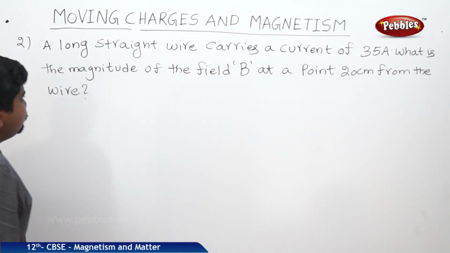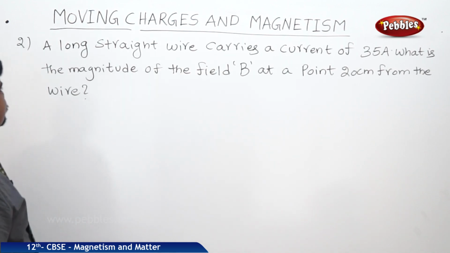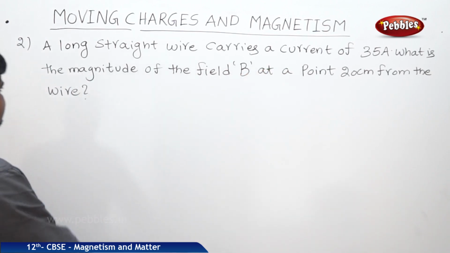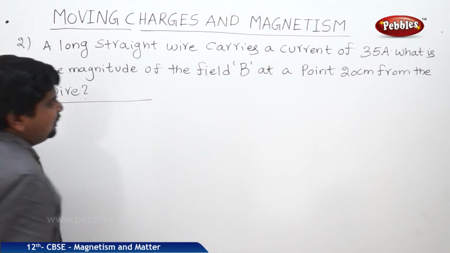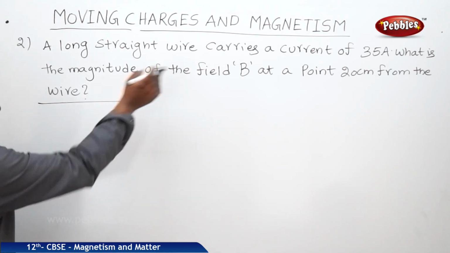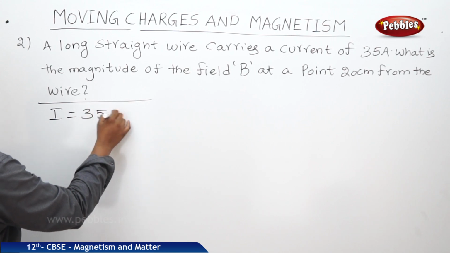Here is one more problem which relates to the magnetic field with respect to long straight conductors. A long straight wire carries a current of 35 amperes. What is the magnitude of the field B at a point 20 centimeters from the wire? So the current I is equal to 35 amperes.